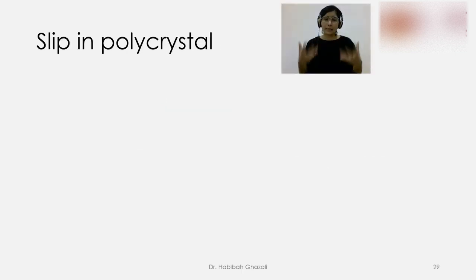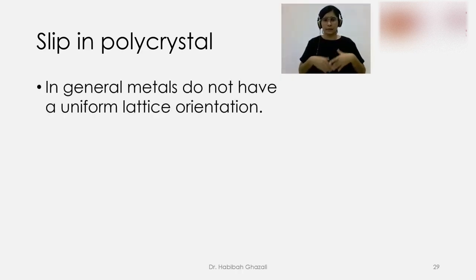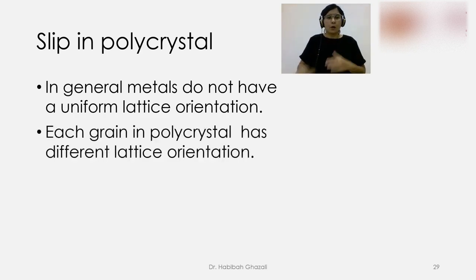Now that we understand how the slip step happens in the single crystal, we can look into polycrystalline material. With polycrystalline materials, in general, metals do not have a uniform lattice orientation. It has a crystal structure, but during solidification, we will have the formation of grains in different regions of the volume.